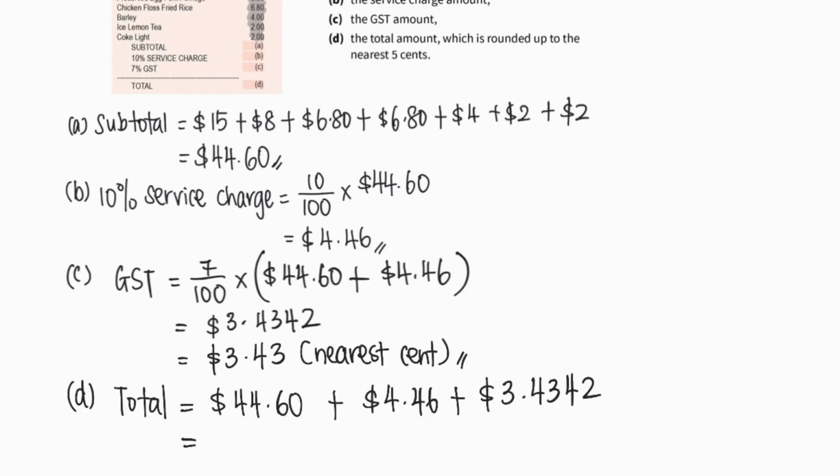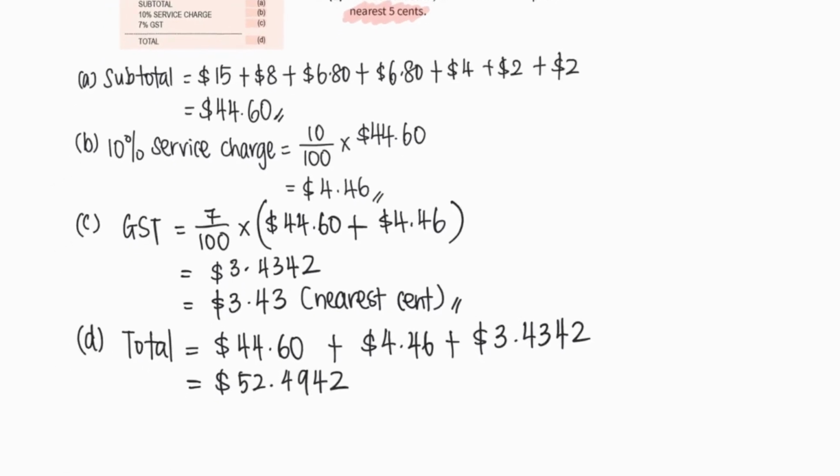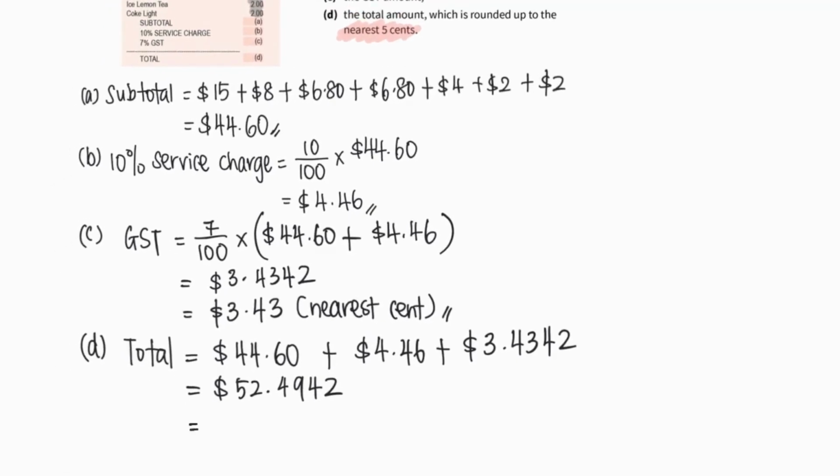And so this one will give me a value of $52.4942, and this is something to the nearest 5 cents. So I'm going to leave my final answer to the nearest 5 cents.